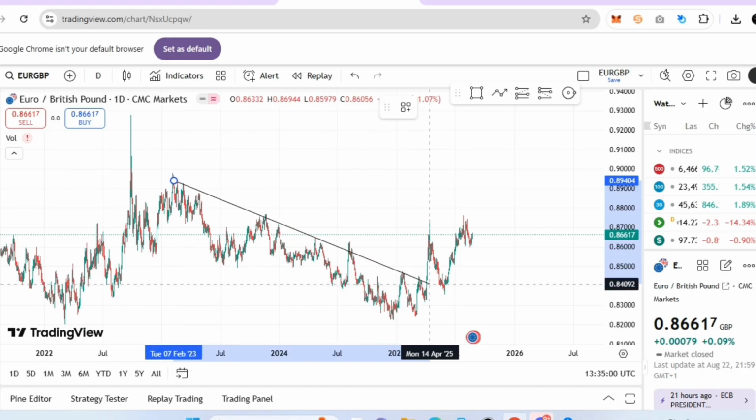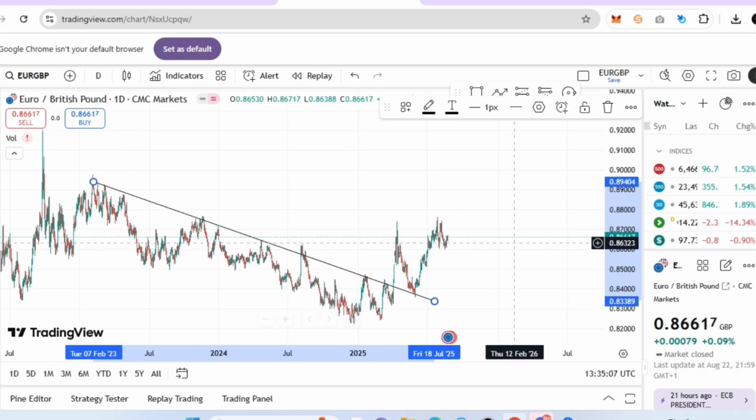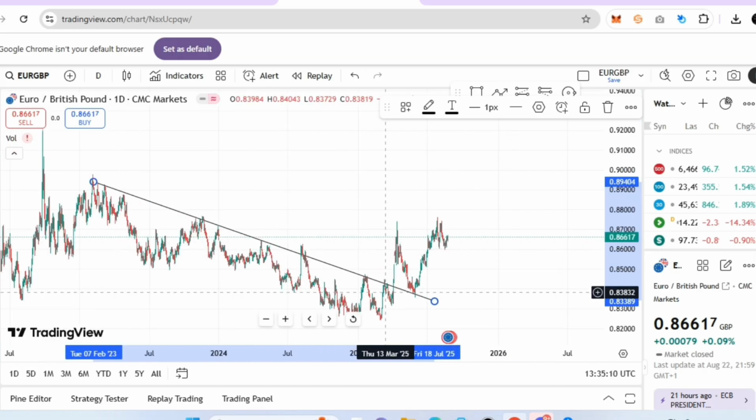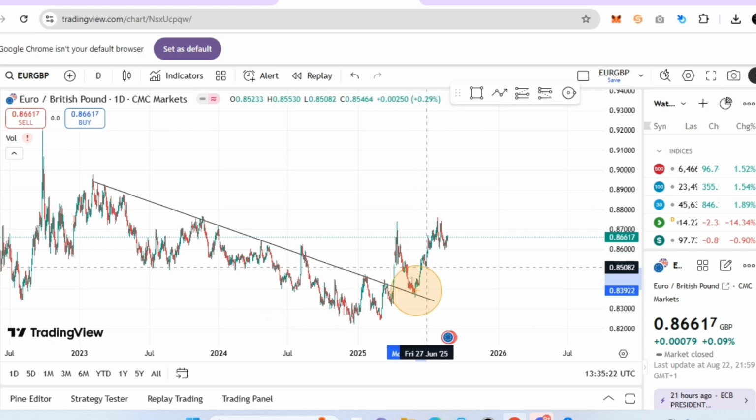First of all, recently the market just broke out of the recent downtrend. Now we can say we have the beginning of an uptrend, but everything requires confirmation. So first of all, we have a breakout from the trend. Let me mark out this zone.